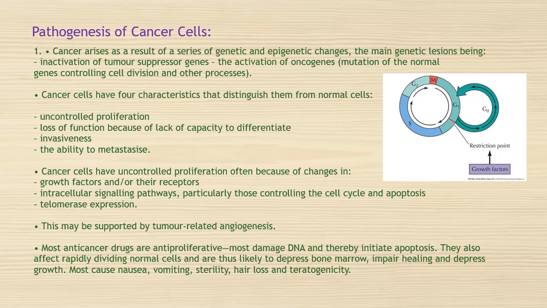Now, one reason for continuous proliferation of cancer cells is a property called immortalization. This is thought to be in contrast to normal cells, their telomeres do not shorten with each round of cell division. So in normal cells, the telomeres shorten at each round of cell division.